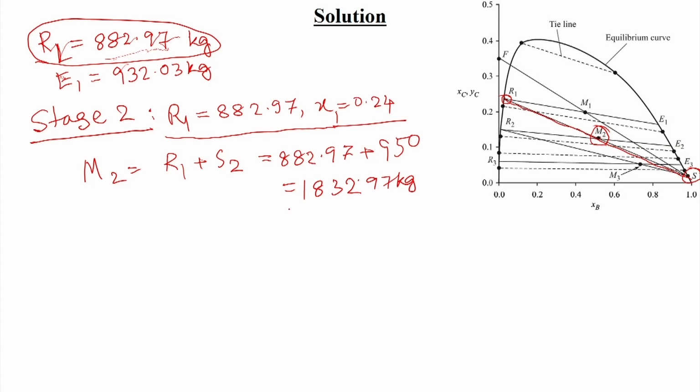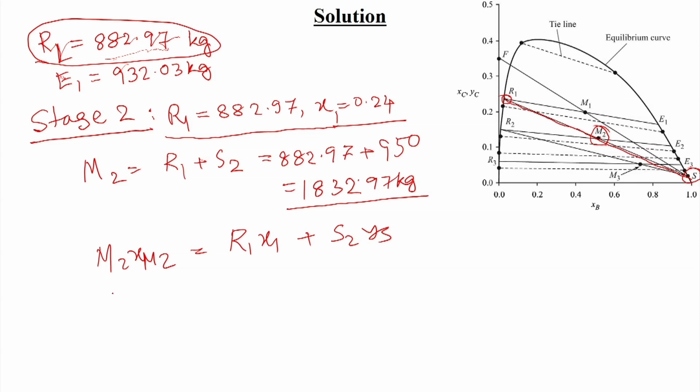So, we have this mixture as 1832.97 kg. And whenever we do the component balance, m2 into xm2 is equal to r1 into x1 plus s2 into ys.